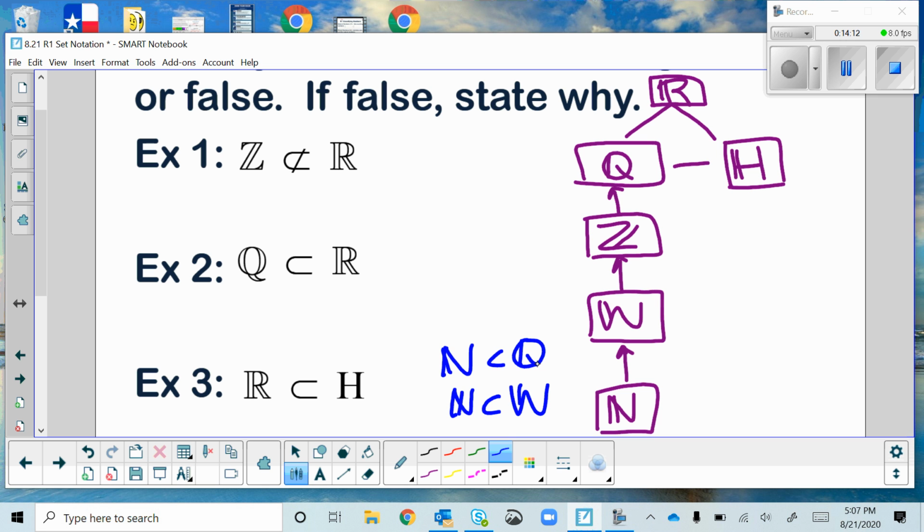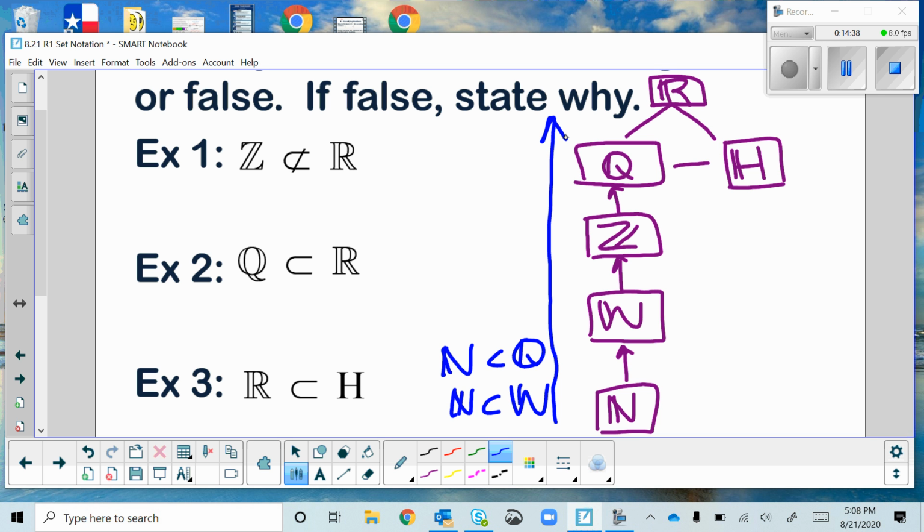It's in that group. Every single natural number is also a whole number. It's in that group. And if you notice that N on this family tree is below the Q and it's below the W. So anytime you're trying to write a statement using the subset notation, anything from the bottom is going to be a subset of stuff above it.